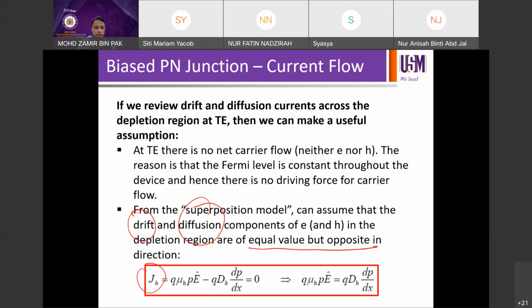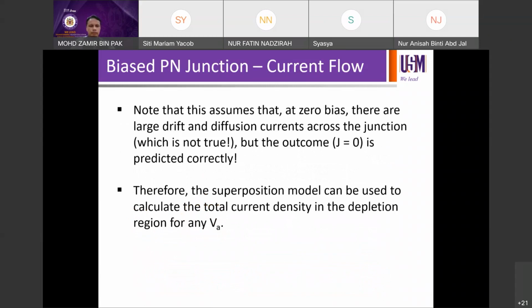So the drift component is given by q mu_p p times the electric field, minus, because of the negative sign of the diffusion current for holes, q times the diffusivity times dp/dx, and that equals 0. So that means they are equal in value but opposite in direction, and therefore you can say that your drift component is equal to your diffusion component for the holes.